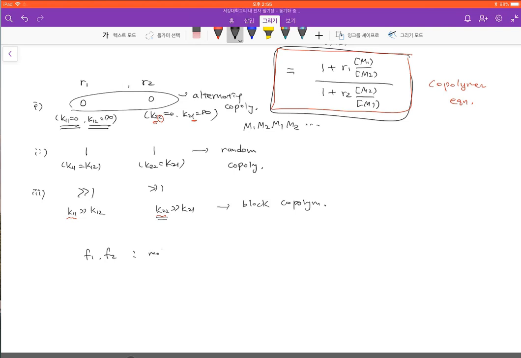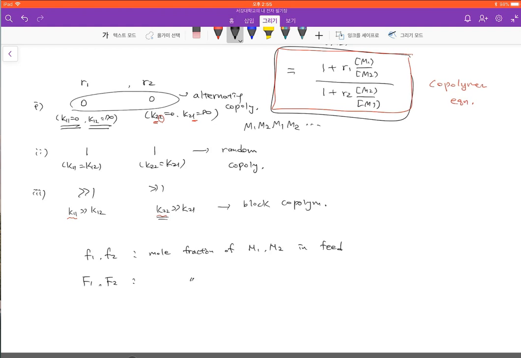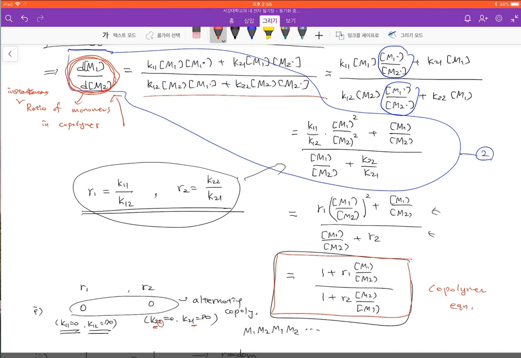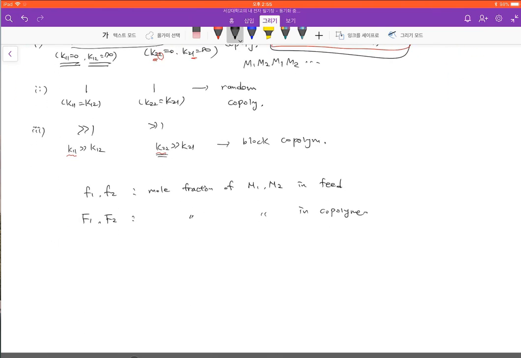All right. So here we define other variables, small f1 and f2, which are defined as the mole fractions of monomers M1 and M2 in the feed. And large F1 and F2 are defined as the mole fractions of M1 and M2 in the copolymer.